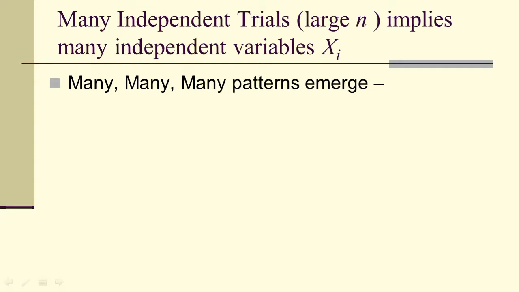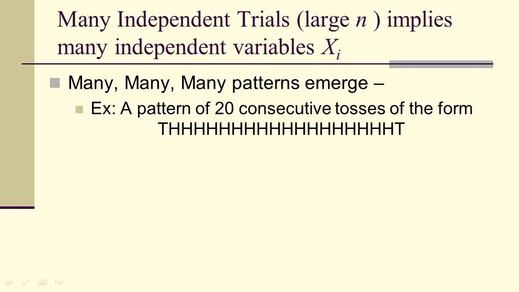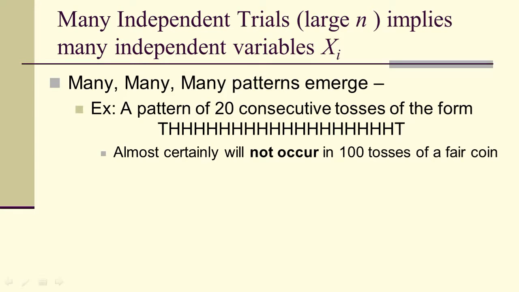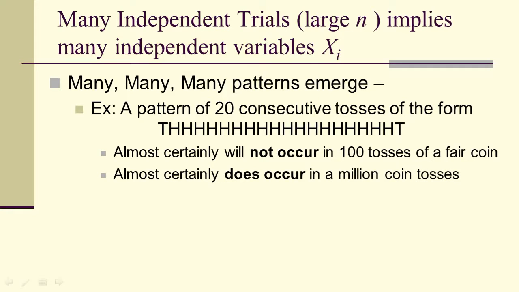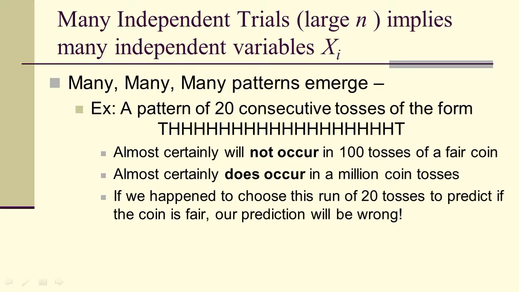Many patterns emerge. For example, you could have 20 consecutive tosses of tails, 18 heads in a row, and then a tails. Now, this almost certainly would not occur in 100 tosses of a fair coin, but almost certainly does occur in 1,000,000 coin tosses. So we have to be careful when we look for patterns in random processes.